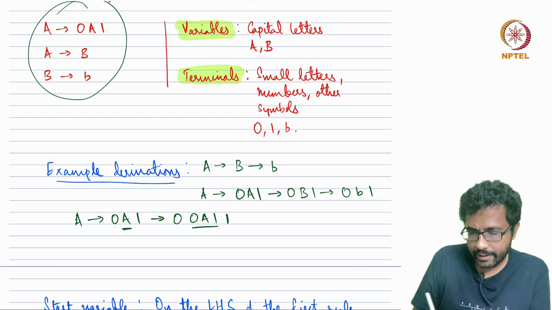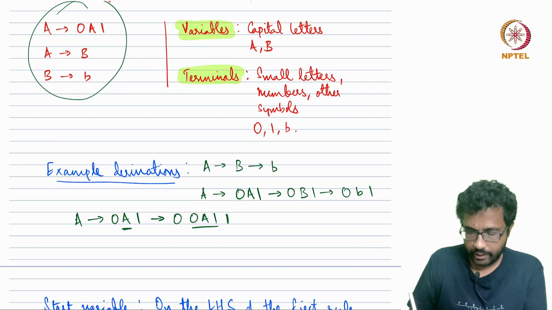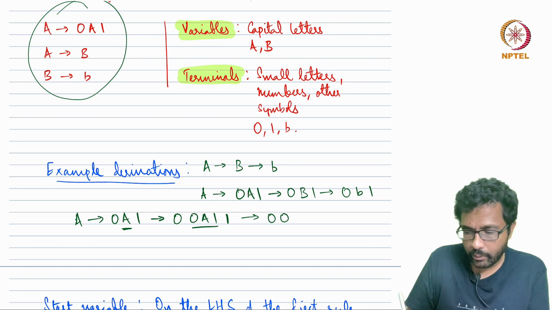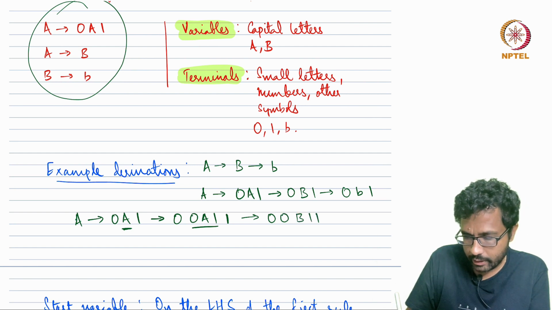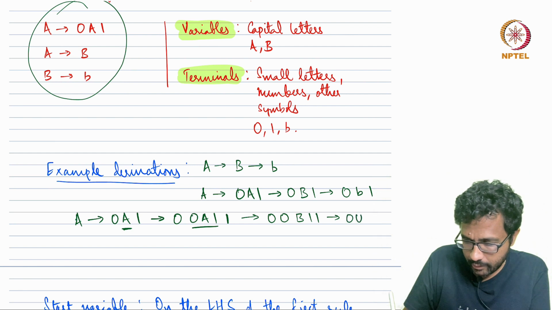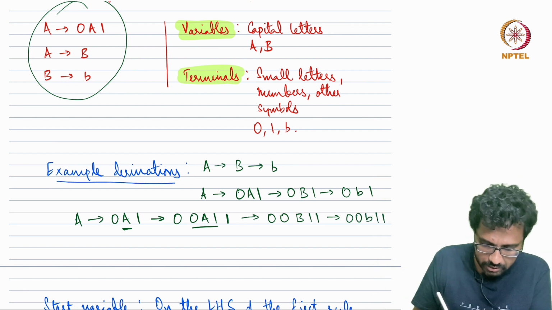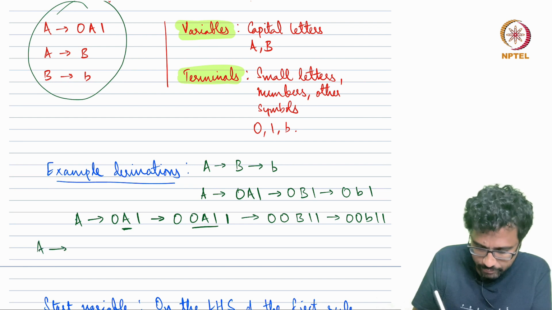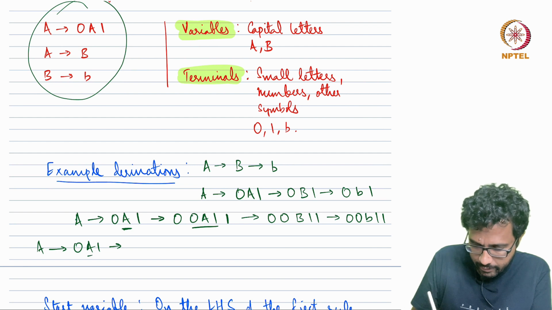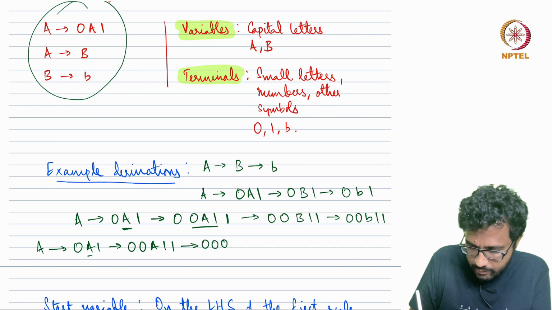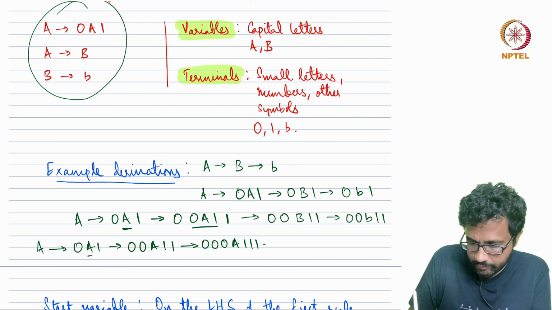So this underlined A was replaced with 0A1, and now I have 00A11, and then I replace A with capital B, and then capital B with a small b. I can do this any number of times. So A gives 0A1. Now this A gives 0A1 again, and this A again gives 0A1.